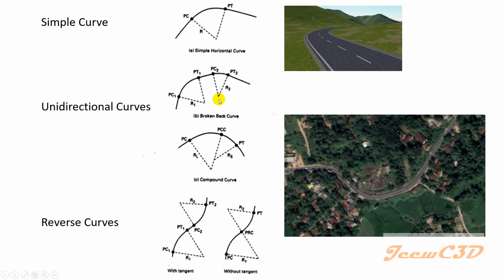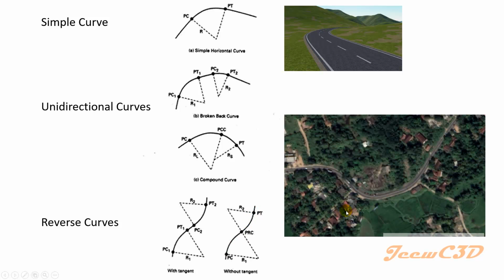If you have a small tangent section or a straight section, we call it a broken back curve. Otherwise, we call this a compound curve. In reverse curves, you have a curve coming from one direction and changing its direction to the other side. There may be a small tangent in between. So this is a reverse curve with tangent, and this is a reverse curve without tangent.